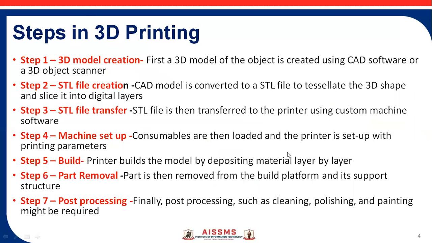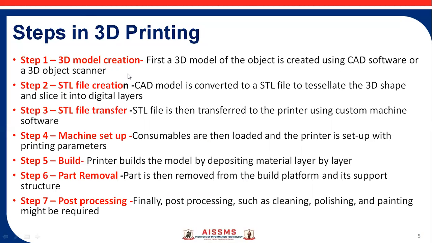We'll see in detail. In the steps of 3D printing, the first step is 3D CAD model preparation. Firstly, we have to prepare a 3D model of the object, created using CAD software or a 3D object scanner.